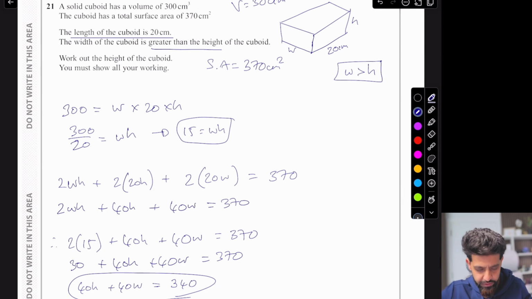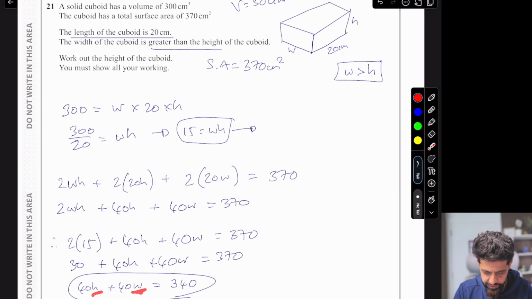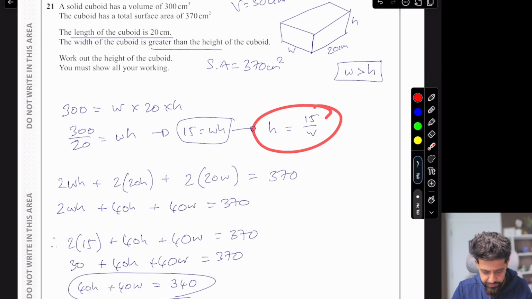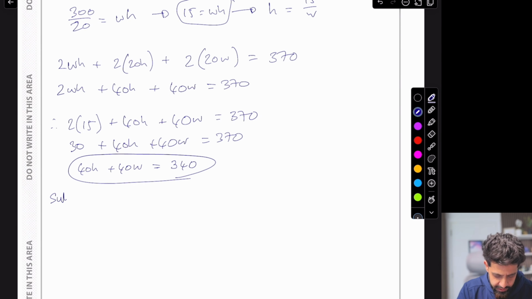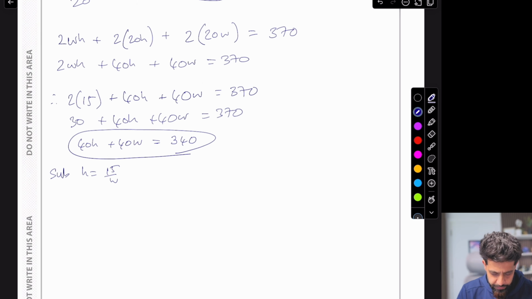Now let's go back and look at some more stuff. So here, what we can also do is take this and, because we've got H here and W here, if we make one of them the subject, let's go with H. So we can say H is equal to 15 over W, all right? Then we can substitute that for here. So we sub H is equal to 15 over W into that.